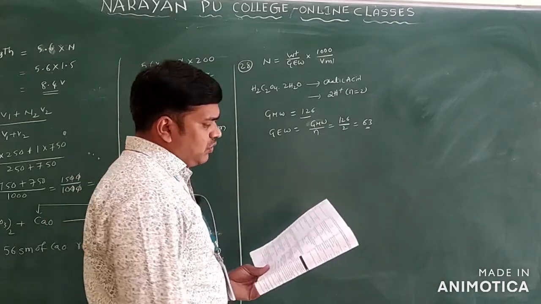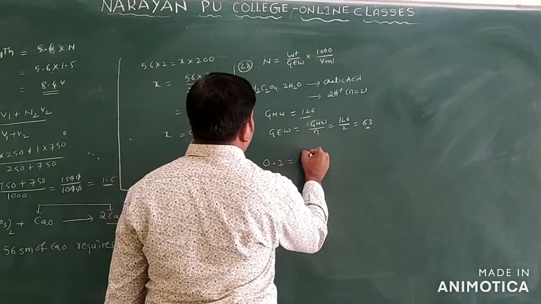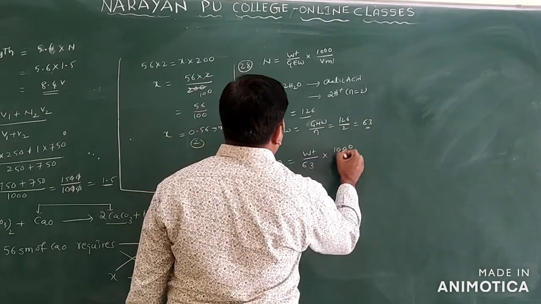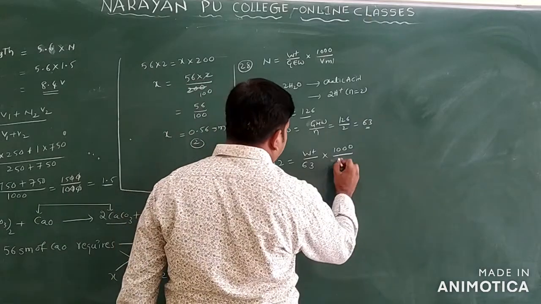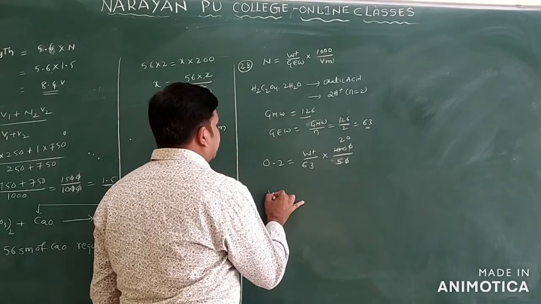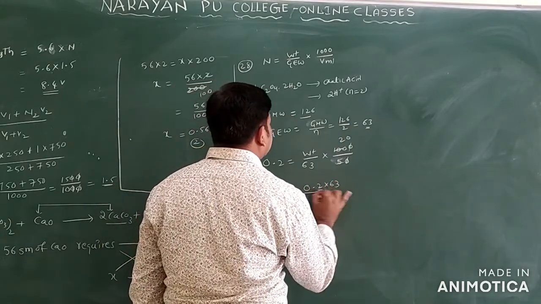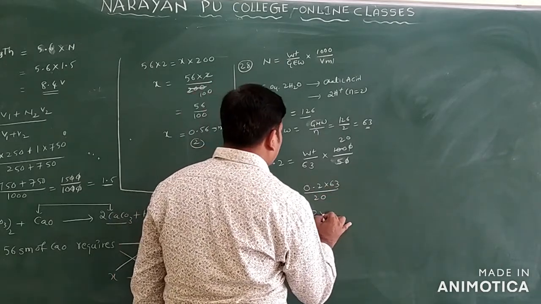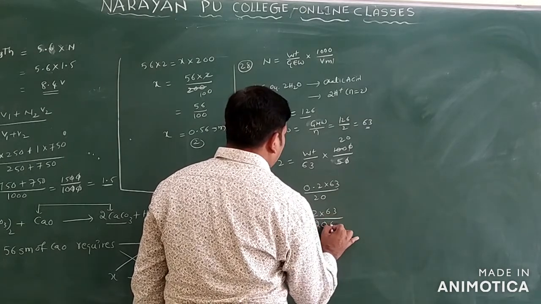If you don't know, you can follow like this. You see the normality given here is 0.2. That is equal to weight by 63 into 1000 by, what is the volume given? The volume is given as 50 ml only. Now weight is equal to 0.2 into 63 by 20. That is 2 into 63 by 200 only.